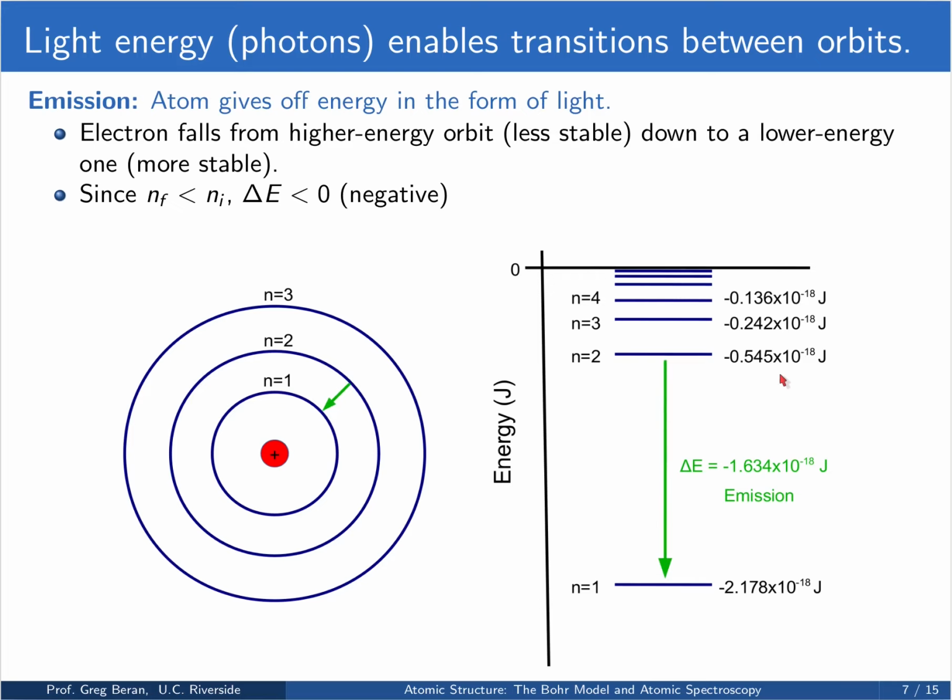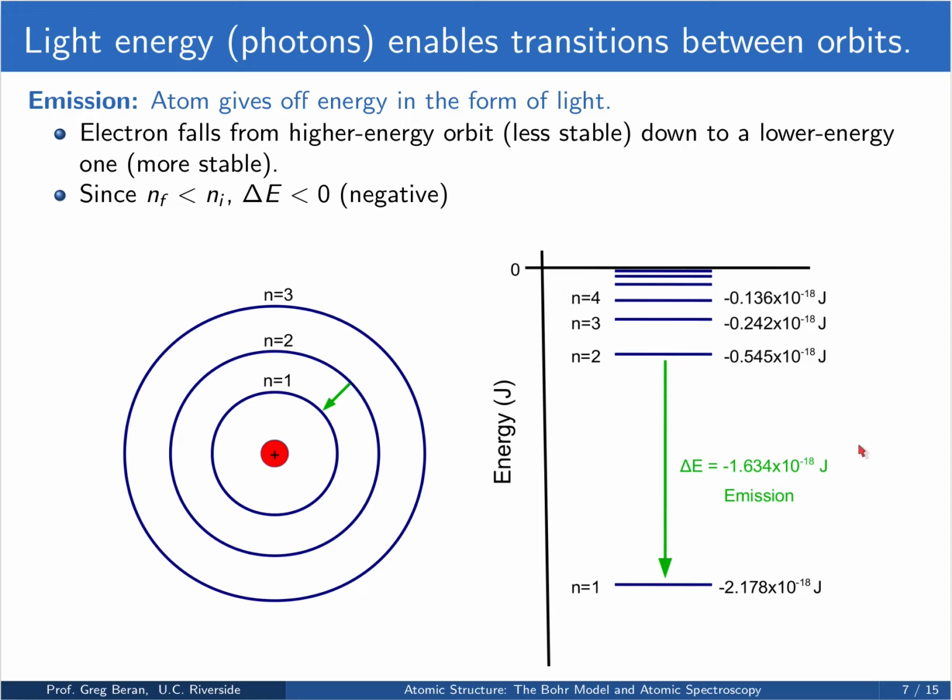In contrast, we can also have emission, in which case we fall from a higher lying state, from an excited state, down to a lower energy state. Maybe the ground state, maybe just to a less excited state. And so, for example, in what I'm showing here, we are falling from the n equals 2 state to the n equals 1 state.